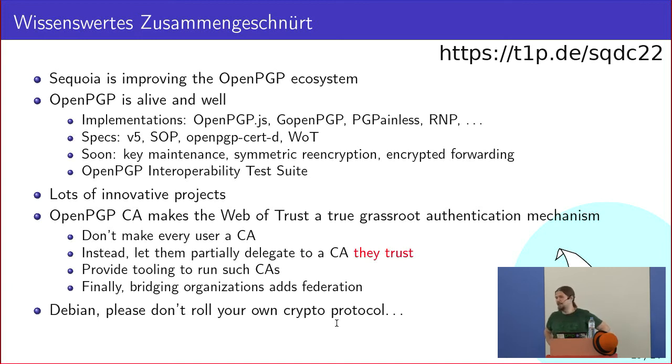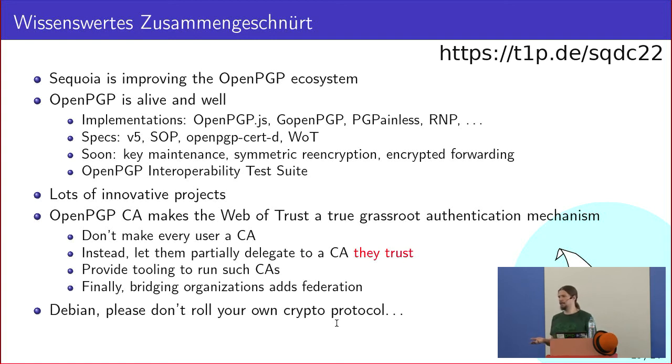I hope I have convinced you that Sequoia is improving the OpenPGP ecosystem, that OpenPGP is alive and well. We are in a much, much better position than we were just, I don't know, 10 years ago. So we have different implementations of OpenPGP. We have, for example, OpenPGP JS, GOpenPGP.